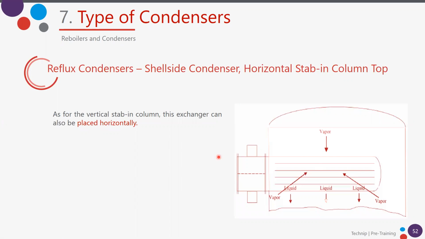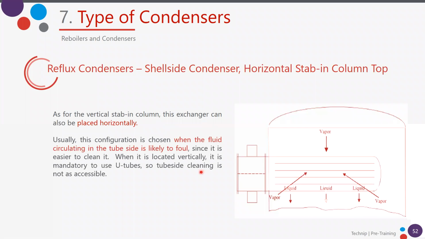And finally, we have the horizontal step-in column top. So these are placed horizontally. Usually, this configuration is chosen when the fluid circulating in the tube side is likely to foul, since it is easier to clean.